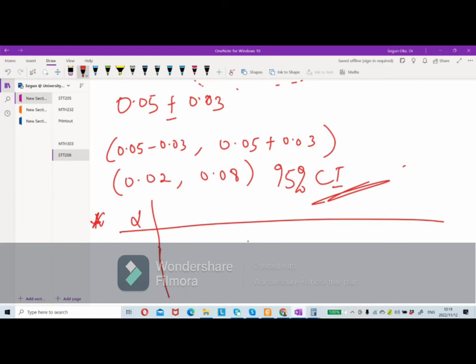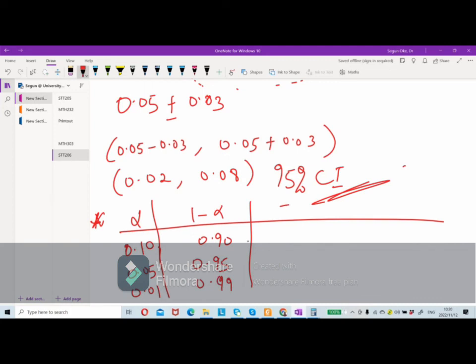If your alpha is 0.1, 1 minus alpha is 0.90. If your alpha is 0.05, this one will be 0.95. If your alpha is 0.01, it's 0.99.